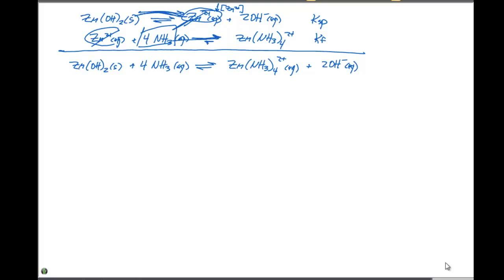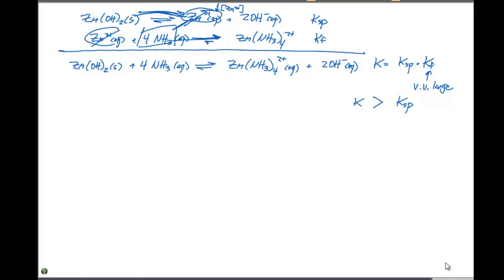The equilibrium constant for this is going to be the KSP times the KF. If KF is very, very large, then K is going to be much greater than the KSP.